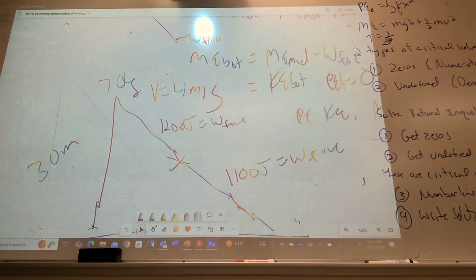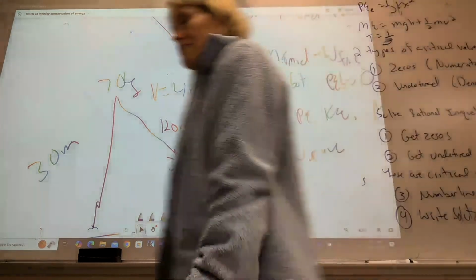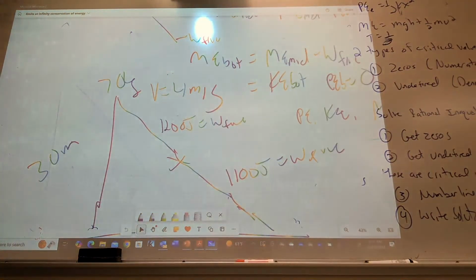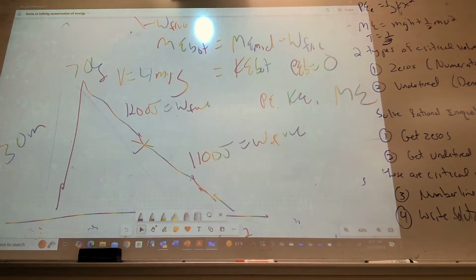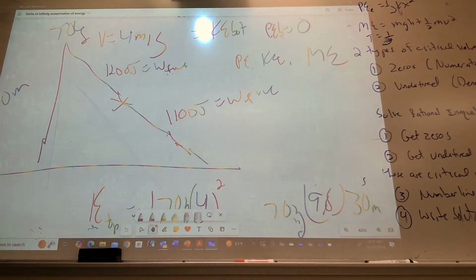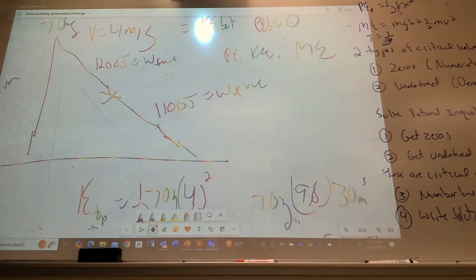It's let go at 4, so that's our kinetic energy at that point. This is the changing kinetic energy. We're starting from this. So our kinetic energy is 1/2 times 70 times 4 squared.